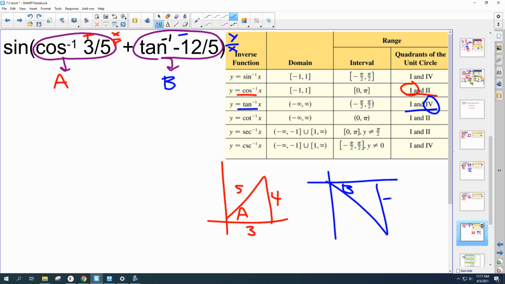So that's y over x. Okay. And you should probably know a 5, 12, 13 just as well as a 3, 4, 5. 5, 12, 13 happens all the time. 3, 4, 5 happens all the time. Those are my 2 angles. Okay? So go back and look at your problem. Your problem says this, sine A plus B.